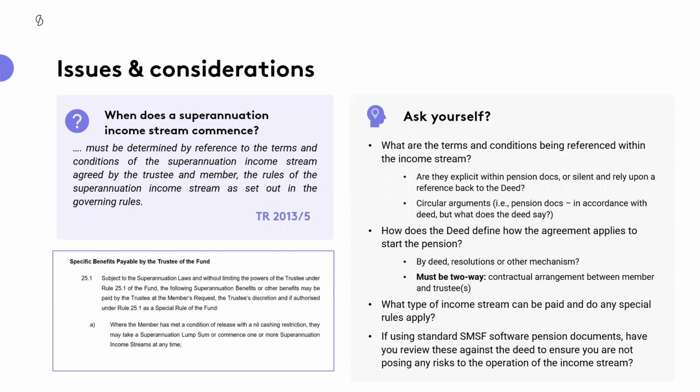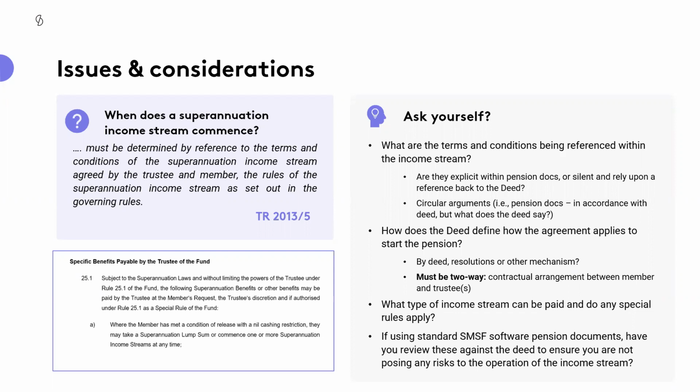Because if the pension documents broadly say it can be paid in accordance with the deed, and the deed says, well, you can pay a pension, what are we relying upon to evidence the way in which these rules would naturally work? So our pension documents therefore become much more particular in how that will actually operate.